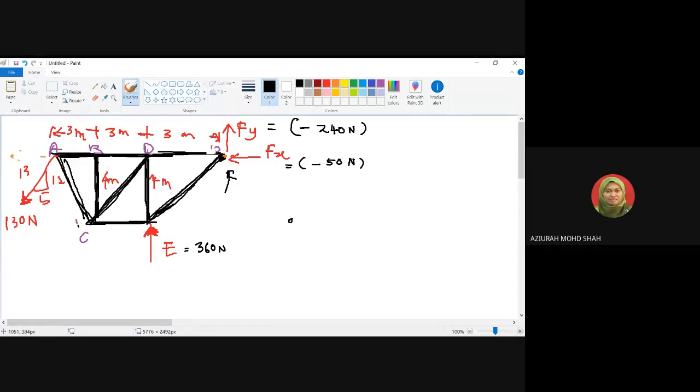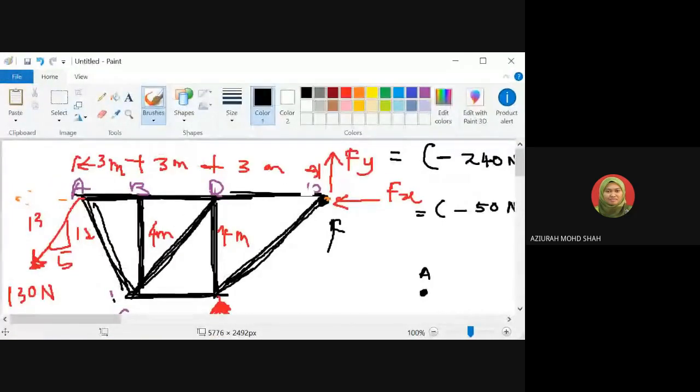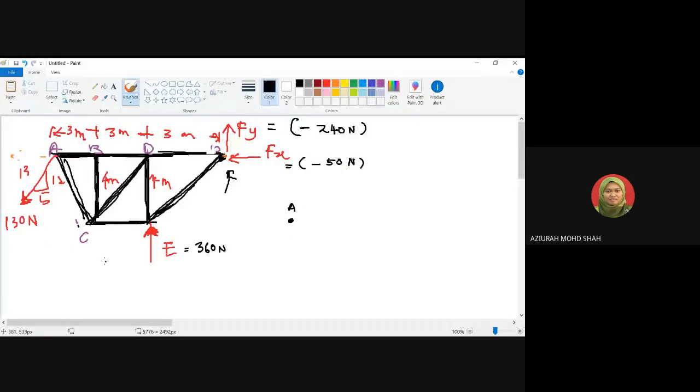Okay, bila you tanggalkan join A tu, then you can see the force untuk member AB dan juga member AC. For this example, okay, dia ada non-force. Okay, kita ada non-force 1 which is 130 Newton. Okay. We have unknown force AB, okay, and also AC.